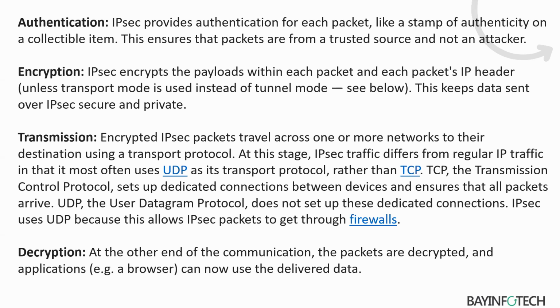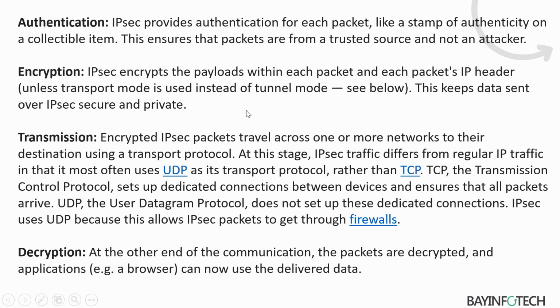Then let's look into encryption. IPsec encrypts the payloads within each packet and each packet's IP header, unless transport mode is used instead of tunnel mode. This keeps data sent over IPsec secure and private.